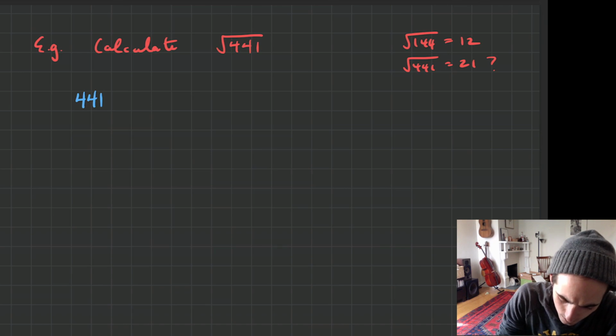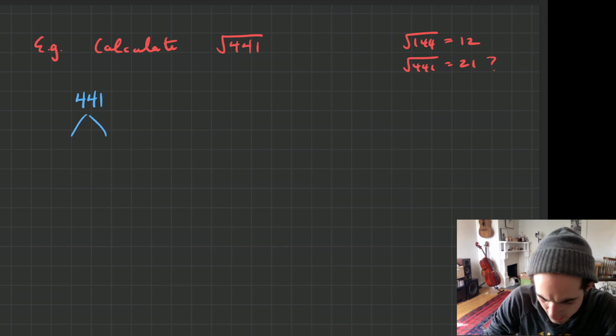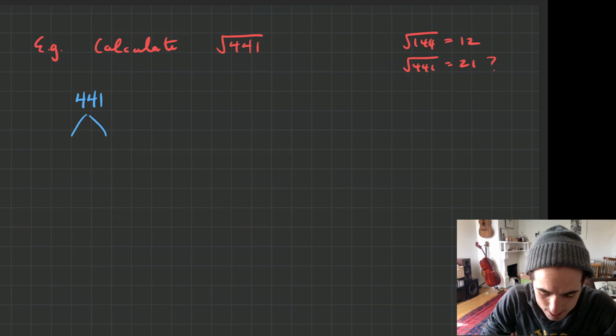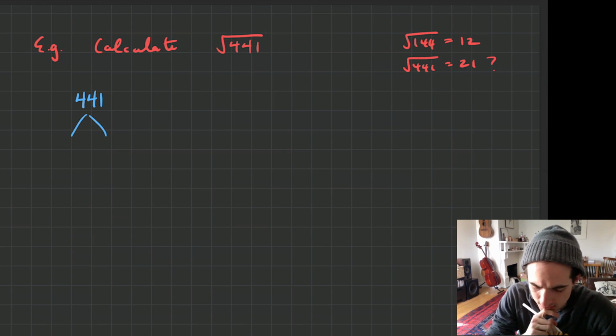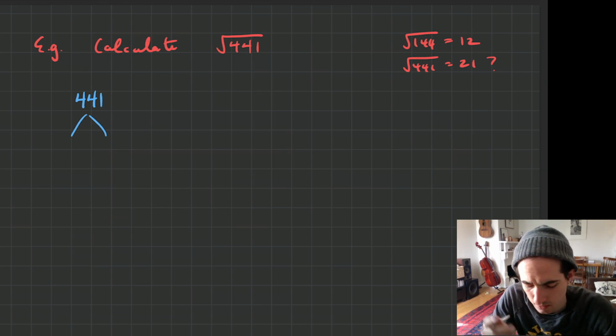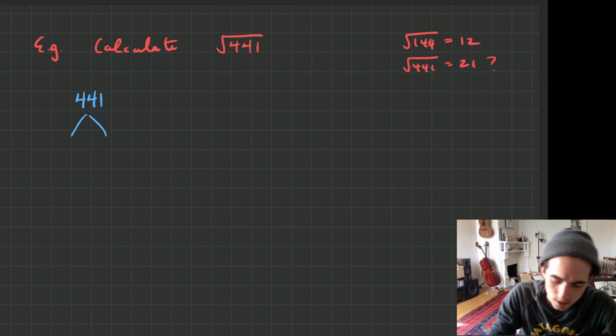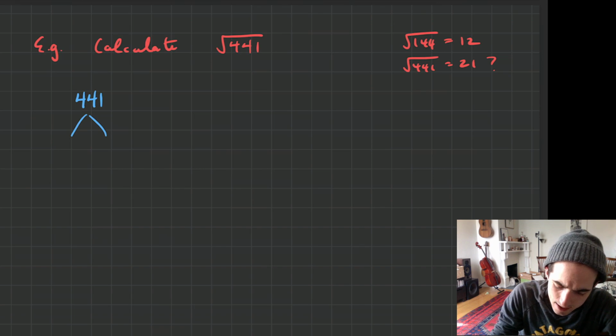So I've got 441. Any factors of 441 that you see? This is where some of our divisibility rules come into play. One of the first divisibility rules that I test is 2. Is this number divisible by 2? No, it's not. It's an odd number. It ends in 1. Is 3 a factor?